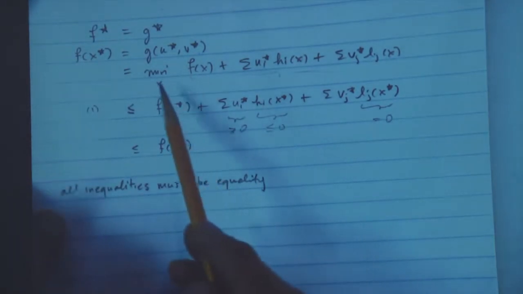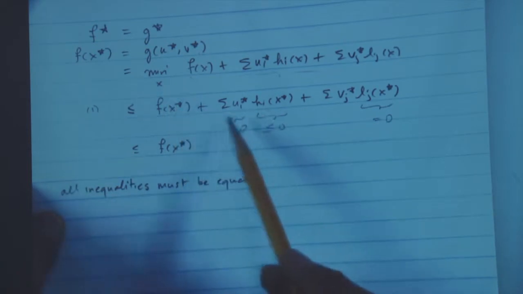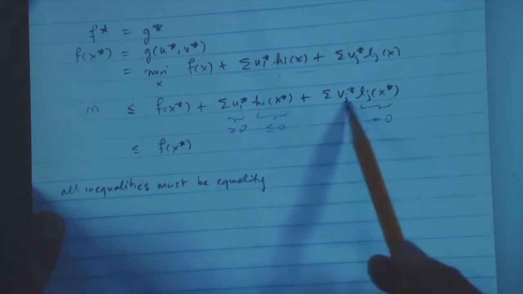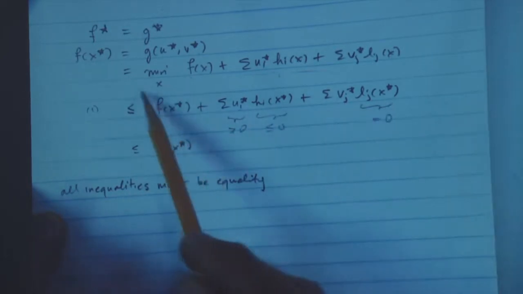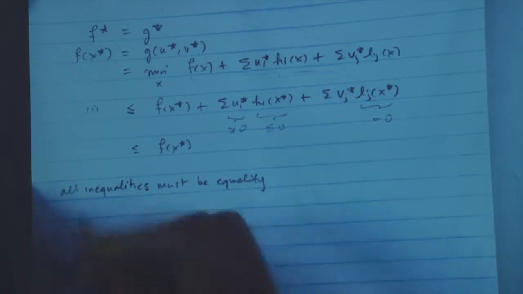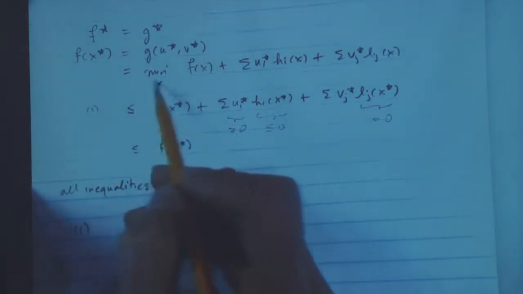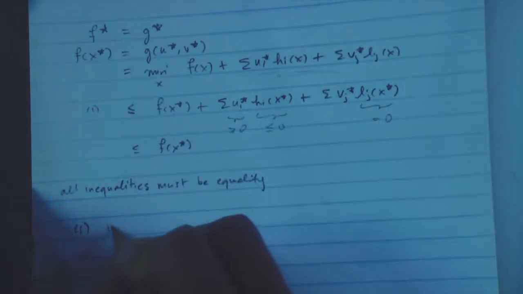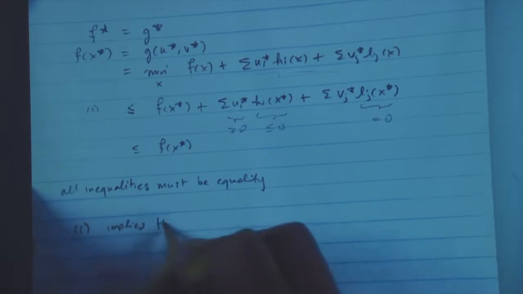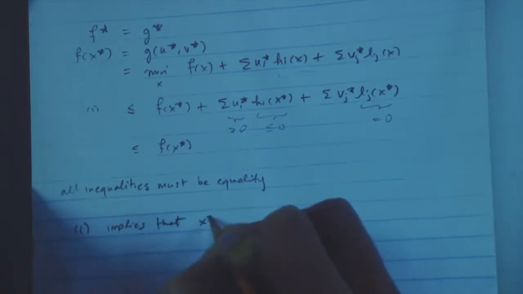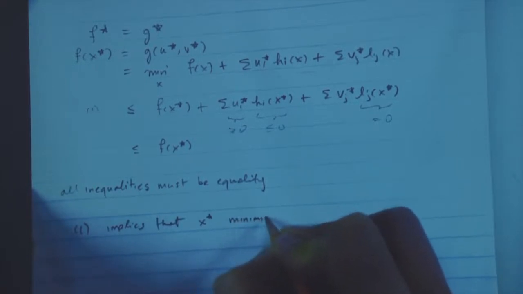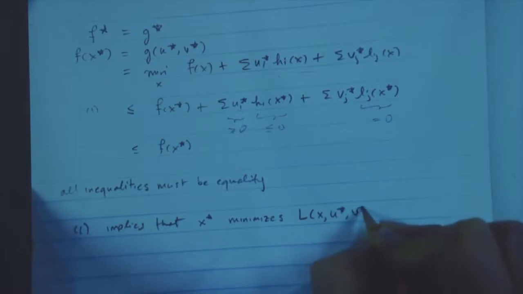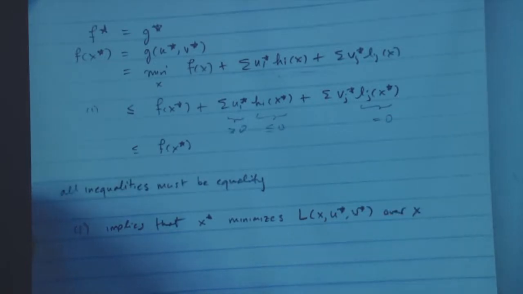So the fact that f of x star plus the sum of the dual variables times h i of x star plus dual variables times l j of x star is equal to the minimum of that over all x, so the fact that this minimum is equal to what happens when I plug in x star, implies that x star minimizes the Lagrangian over x.